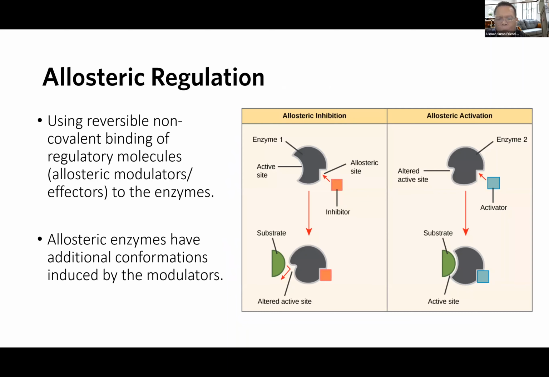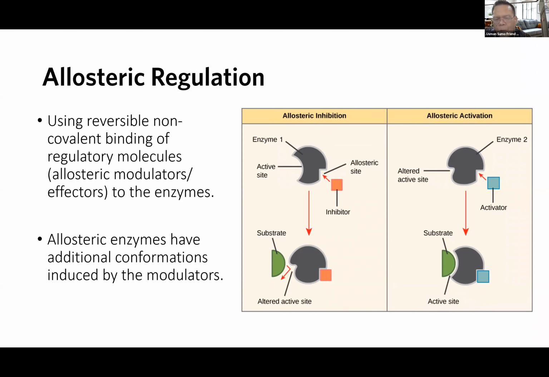Let's see one by one. Allosteric regulation uses a reversible non-covalent binding of a regulatory molecule to the enzyme. Allosteric enzymes have additional conformations induced by a modulator.